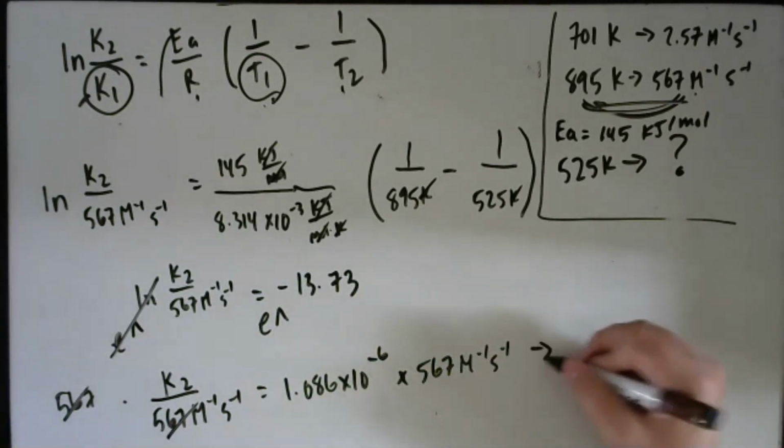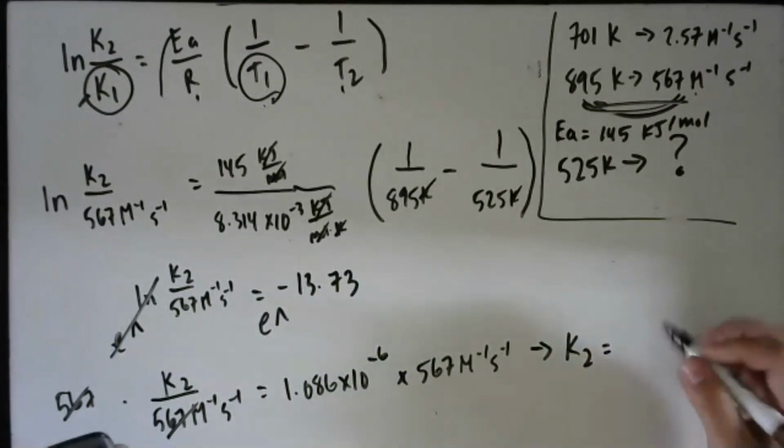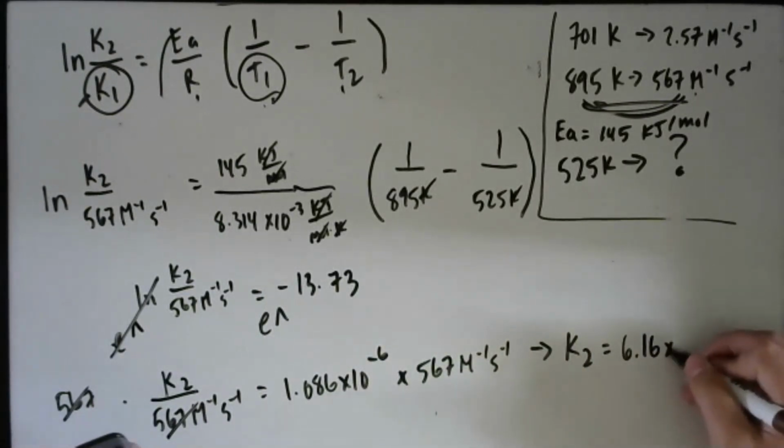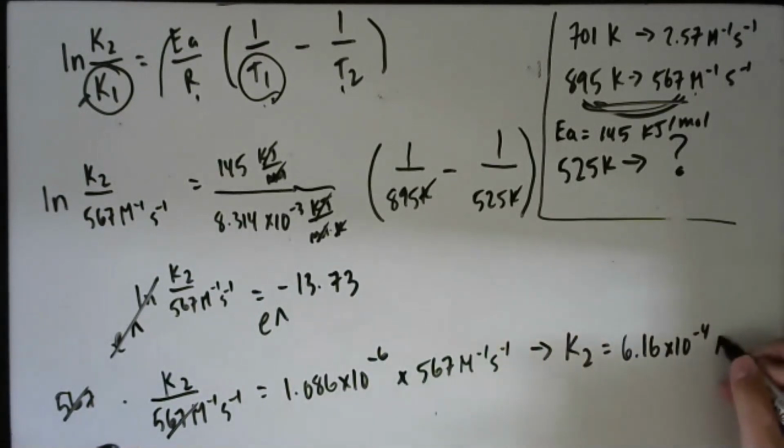So what I end up with is that my K2 value is going to be 6.16 times 10 to the negative 4, molarity inverse 1, seconds inverse 1.